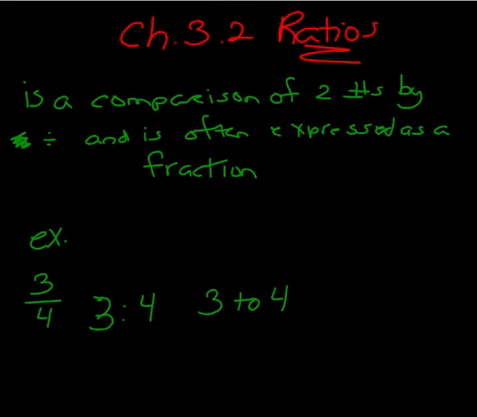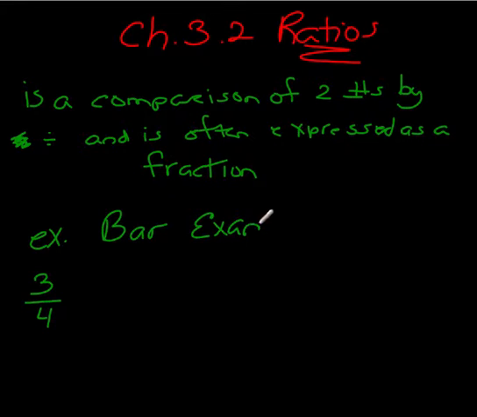Now, as I stated before, when we have a ratio, we're comparing two things. Notice, like in the example of the bar exam to become a lawyer, I said 3 pass of every 4 students.